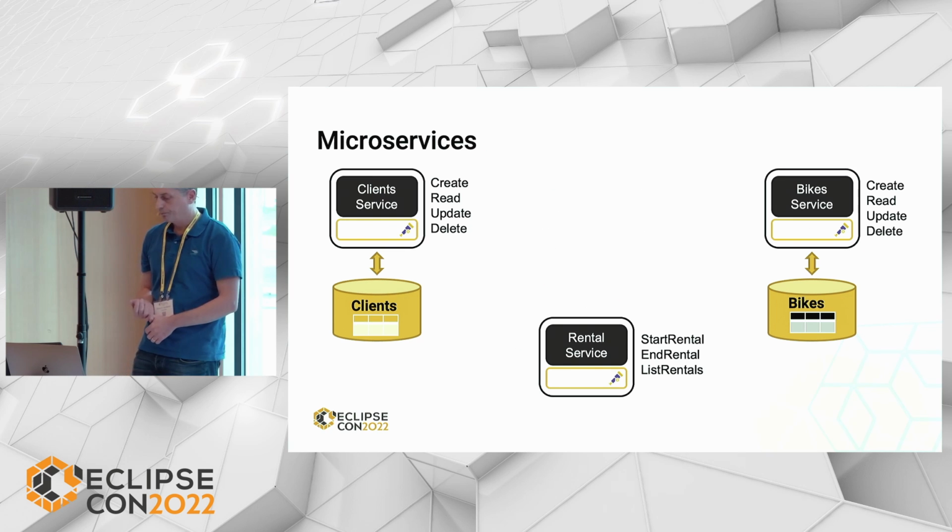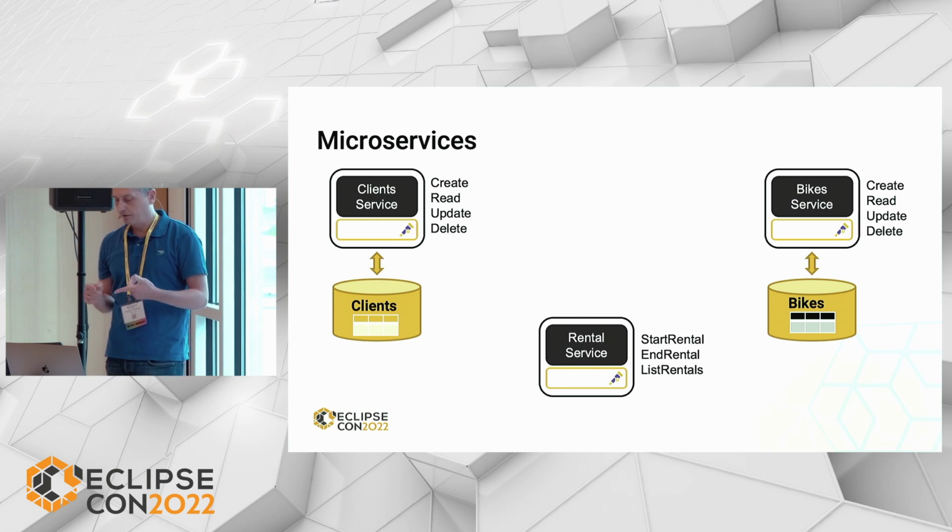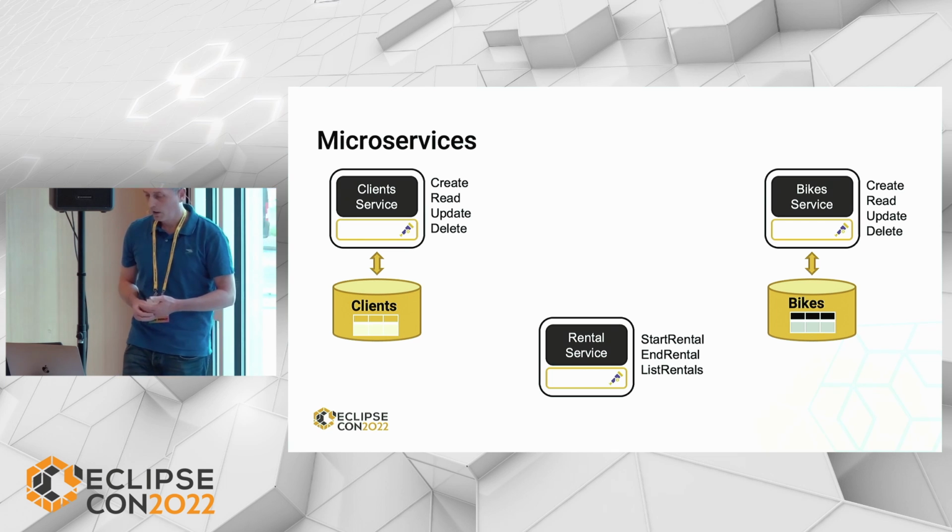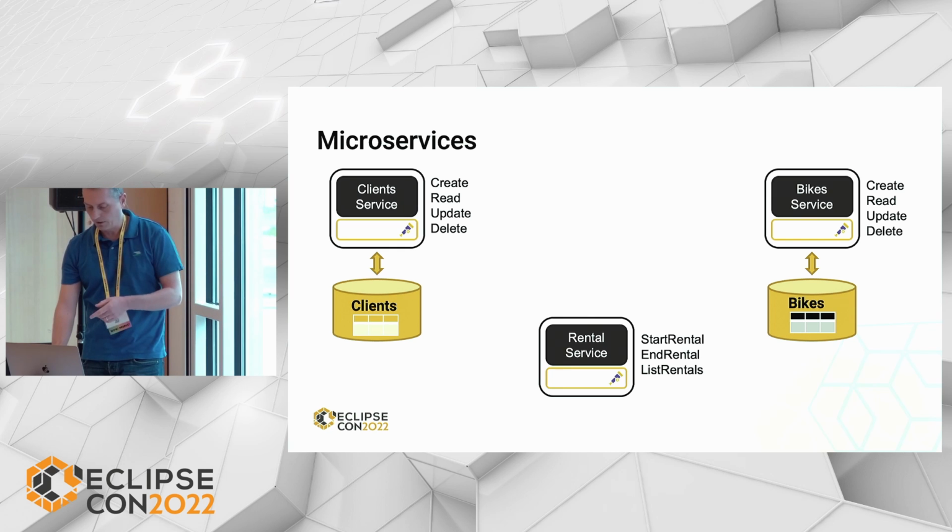Basically, the client microservice and bike microservice have 2 databases. I used H2 in-memory database. And the third one is just a bridge, so there is no database.